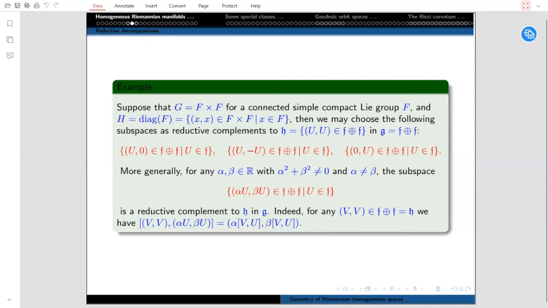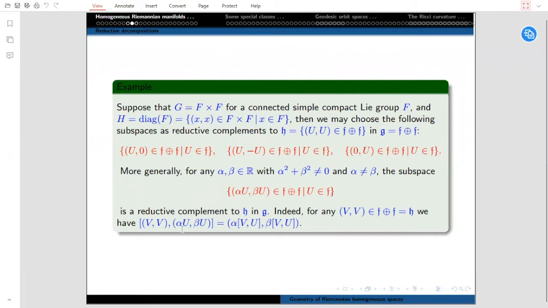Let's take some element from H, then this bracket is of this form, therefore in the same space when we take the first one.